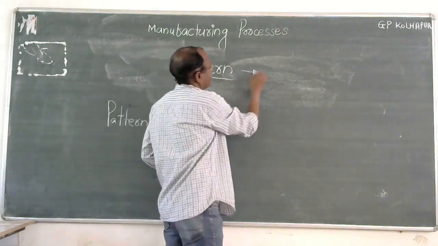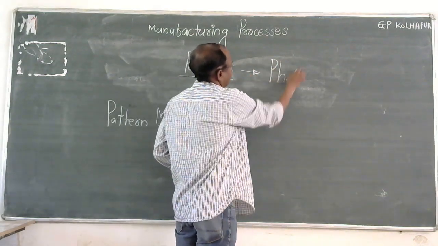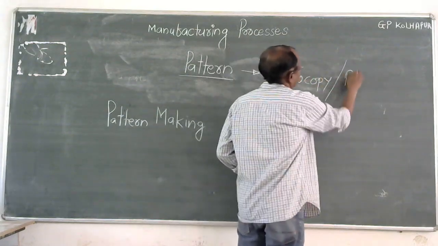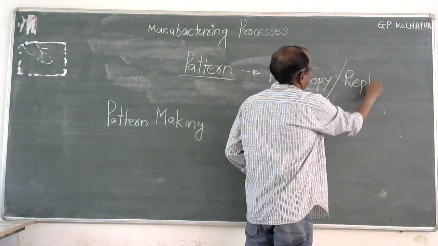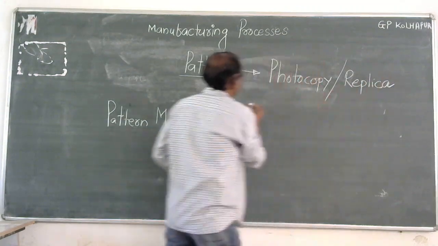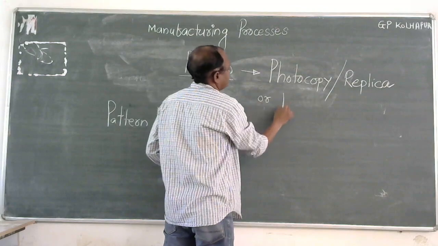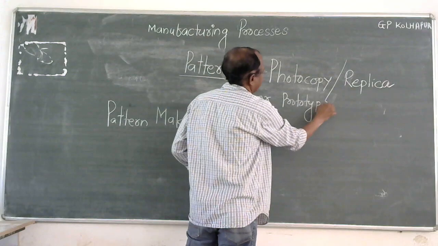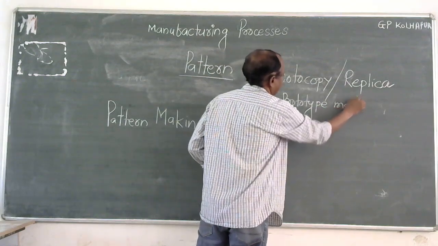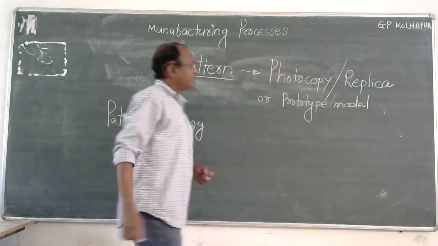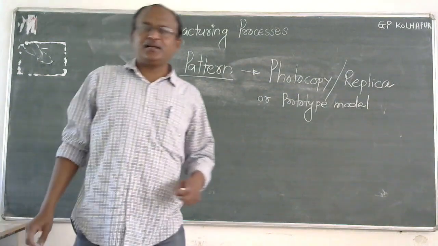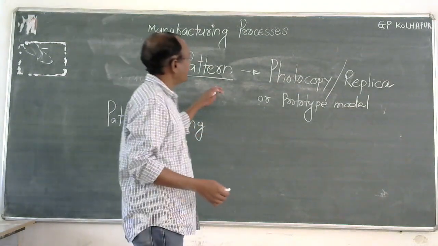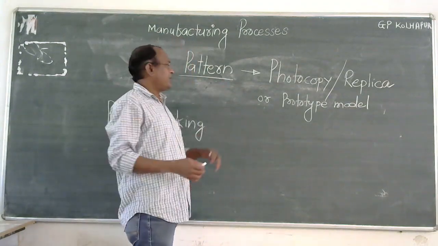Pattern is nothing but a photocopy, or replica, or it is a prototype model. It is the prototype of the model that we are going to cast at the last. This is the model required to be cast.